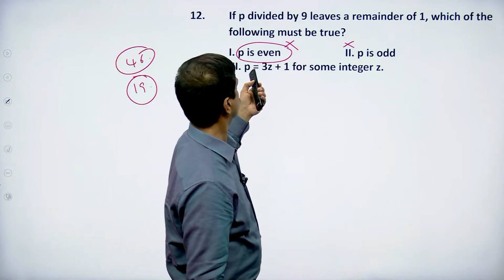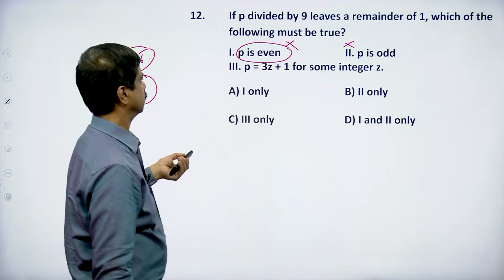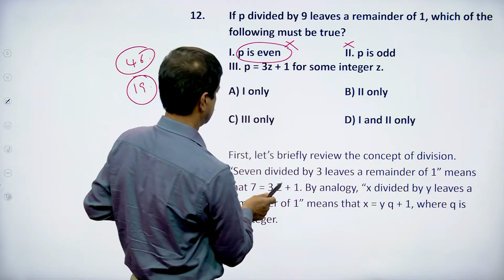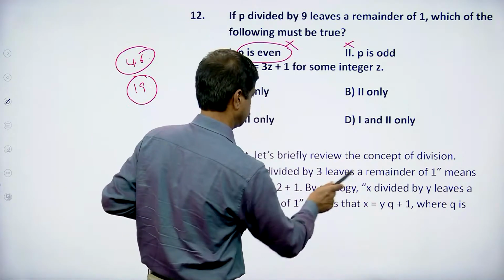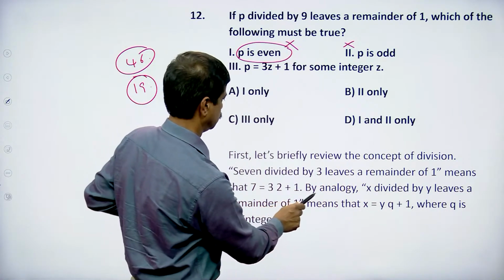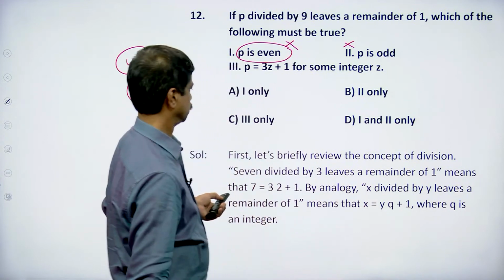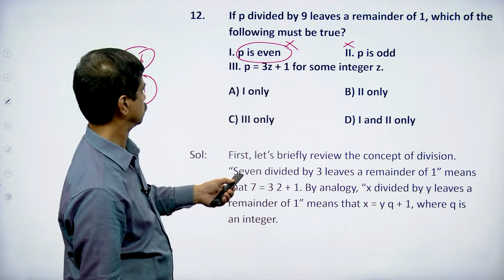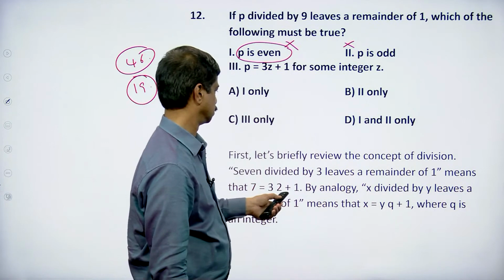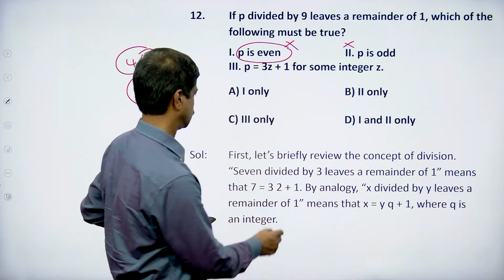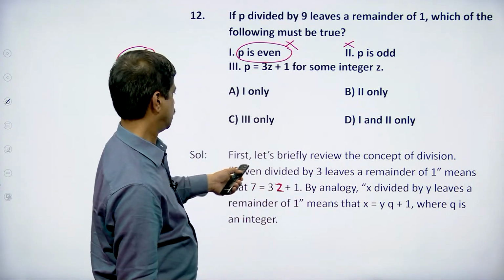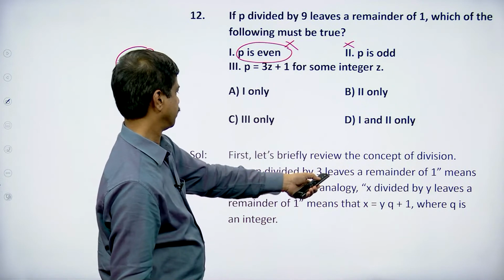So some integer z means what? P, when you divide, so look at this. Here we are giving. This is 3z. 3z. Briefly review the concept of divided by 3.